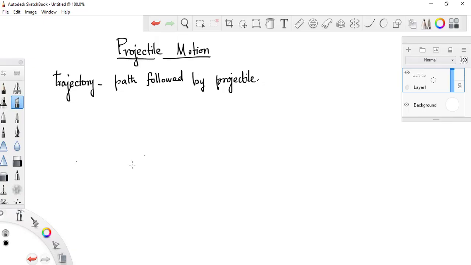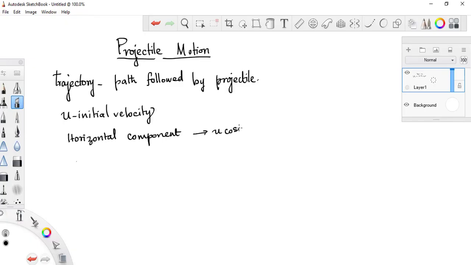So when you throw an object, it has two components of velocity. If I say u is the initial velocity of the projectile, then we have a horizontal component, which is u cos theta, and a vertical component, which is u sin theta.